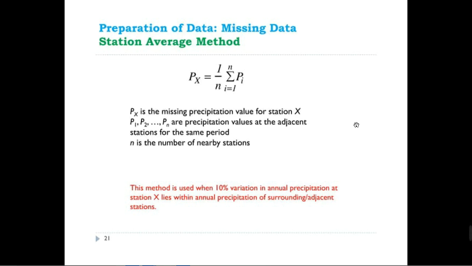Px is the missing precipitation value for station X, P1, P2, Pn are precipitation values at the adjacent stations for the same period. N is the number of nearby stations. This method is used when the annual precipitation at station X lies within 10% variation of the annual precipitation of surrounding adjacent stations.